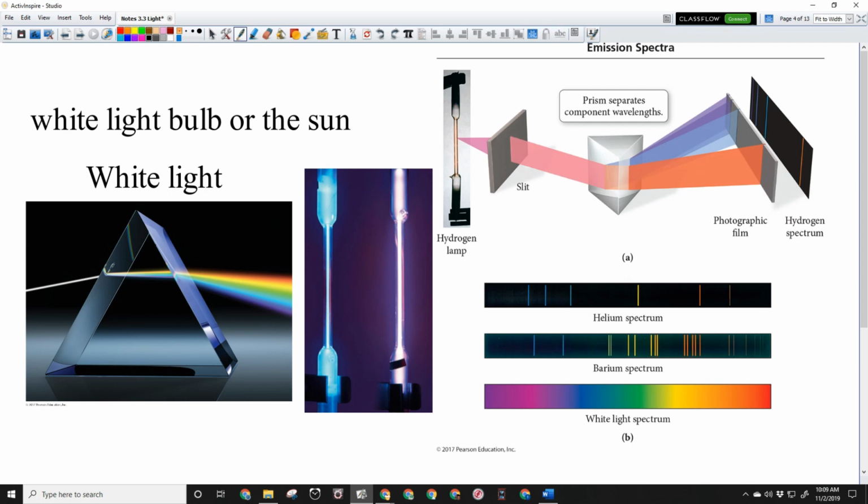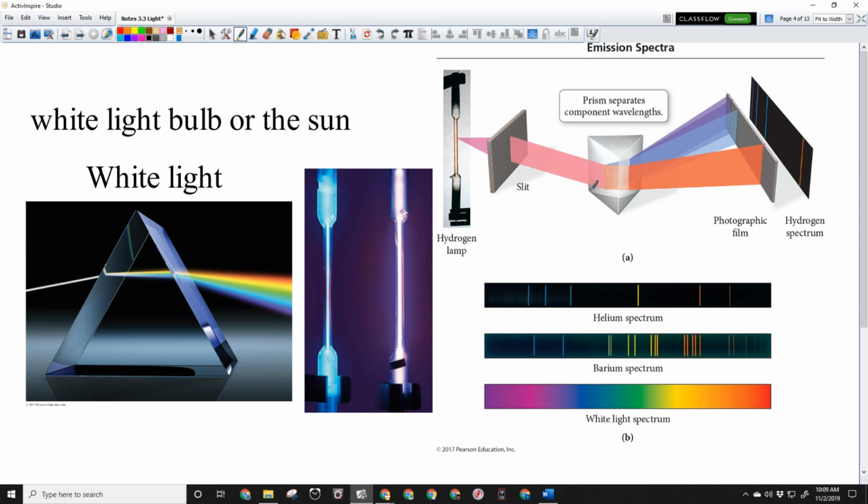So if we pass this white light through a prism, which is a triangular piece of glass, then it splits it up into different wavelengths. And we can see those wavelengths as a rainbow. And sometimes the droplets of rain that are still suspended in the air do this, and that's how we see a rainbow. Well, different elements have what's called a different emission spectrum.